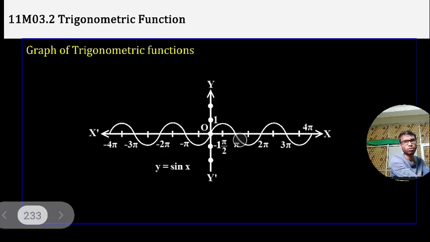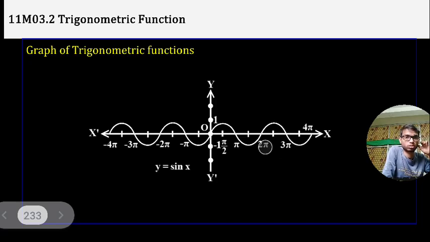Here we can see y is 0. So we know that sin 180 is 0. That is what we are observing at this intersection. If y is 0, what would be theta for sin? It would be 360. We know that sin 360 is 0.